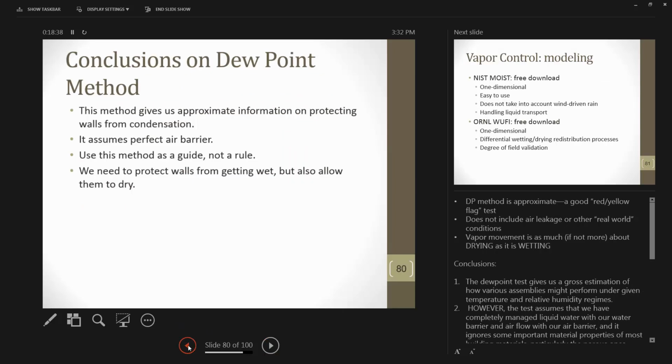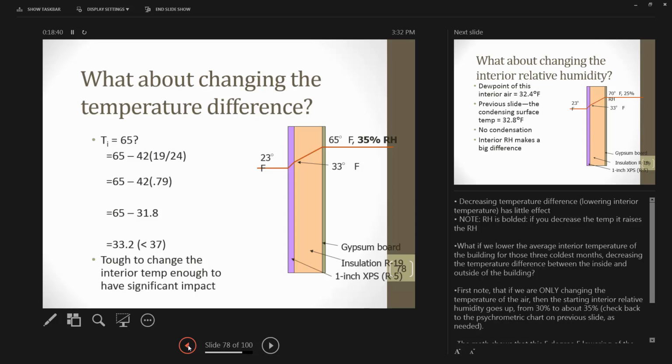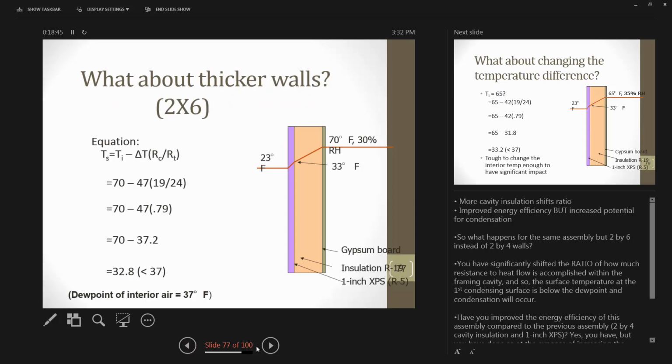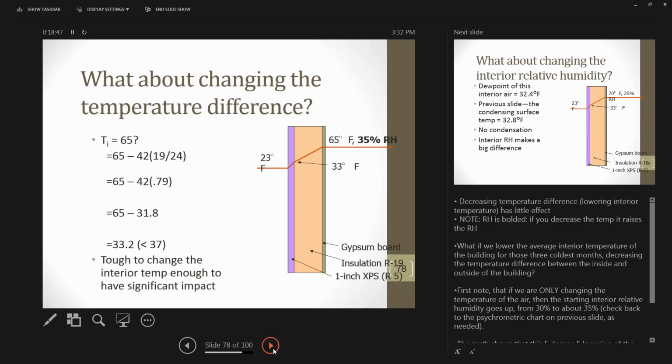I don't have the slide in here. Shoot. Well, one of the biggest things, now required by code, is putting this extra R5 insulation on the outside of the wall. And what happens is, and I can't show you, I don't have that little pencil thing, our exterior temperature is 23 degrees.